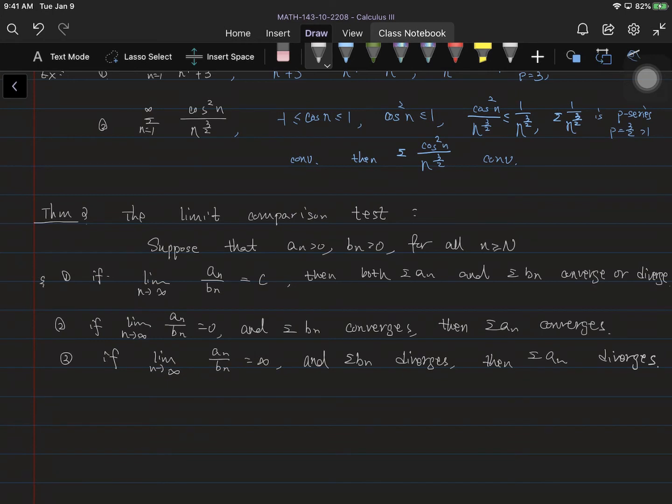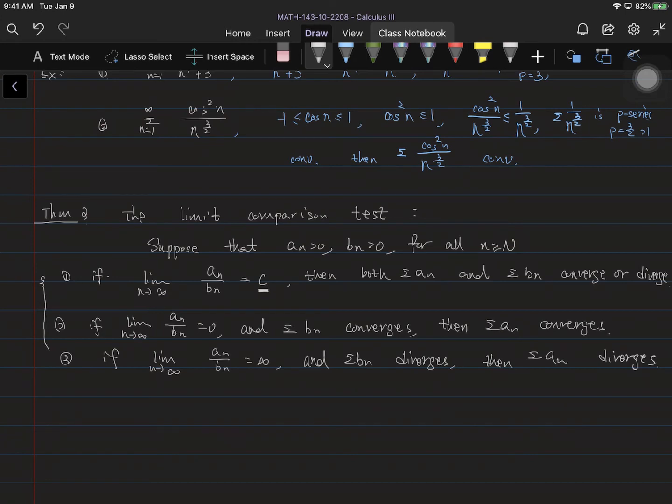Let's take a look at the three cases. The first one, an over bn, the limit equals c. That means they go to some limit at the same speed. So they both converge or diverge. They have the same property.